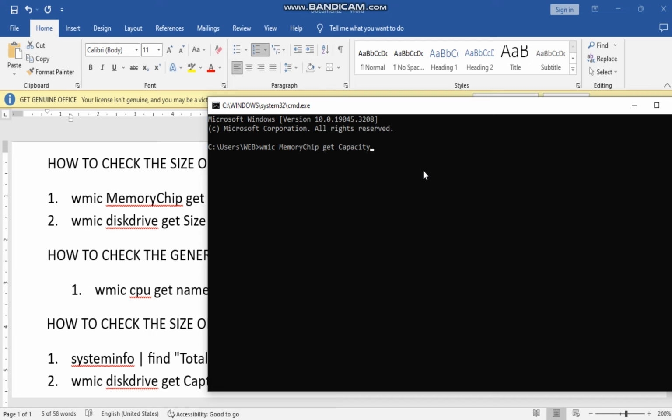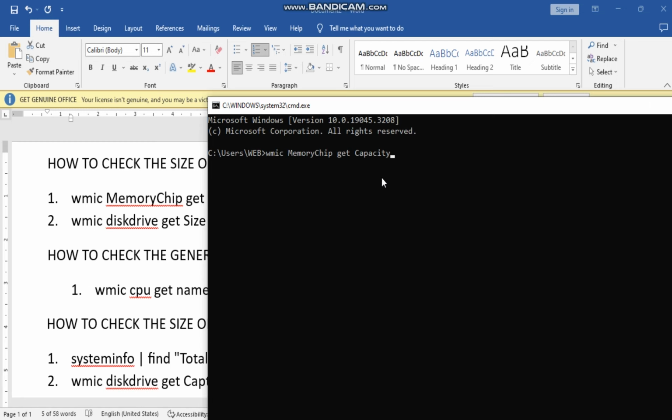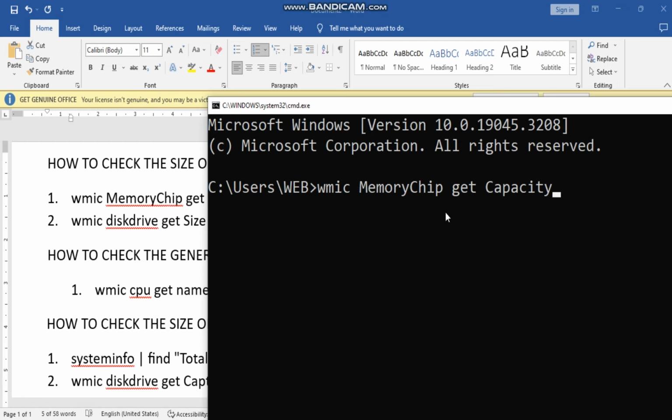This is the command. After clicking enter, you'll get the capacity of our RAM. Our RAM has all these digits which are measured in bytes.